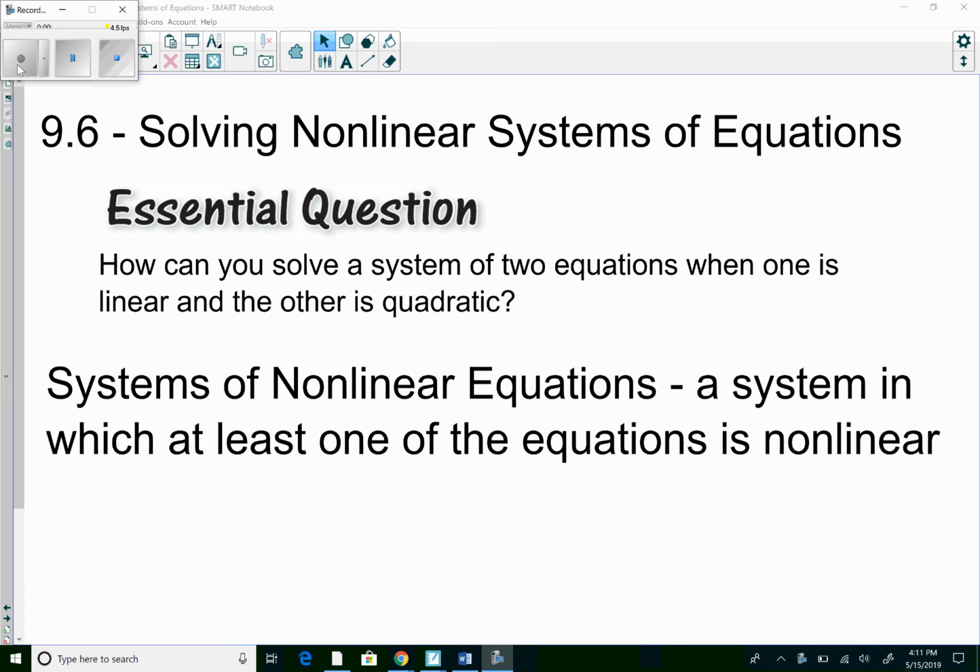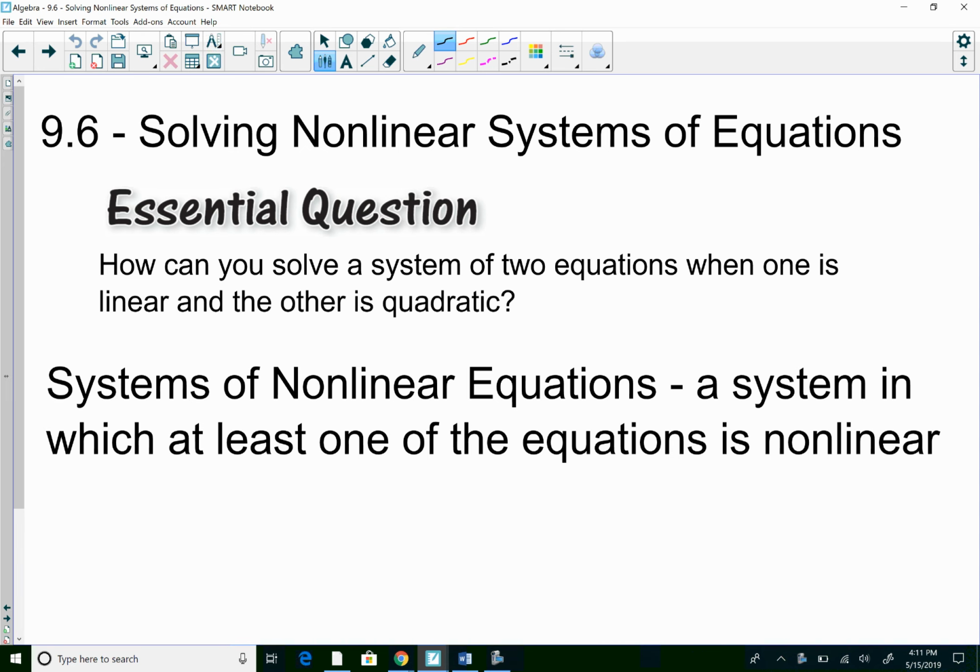We're going to finish up with section 9.6 today, or we're going to start 9.6 today, which is solving nonlinear systems of equations. Okay, so we have solved linear systems of equations before, but we've used elimination and substitution to help us do that. Now we're going to move on to nonlinear systems of equations.